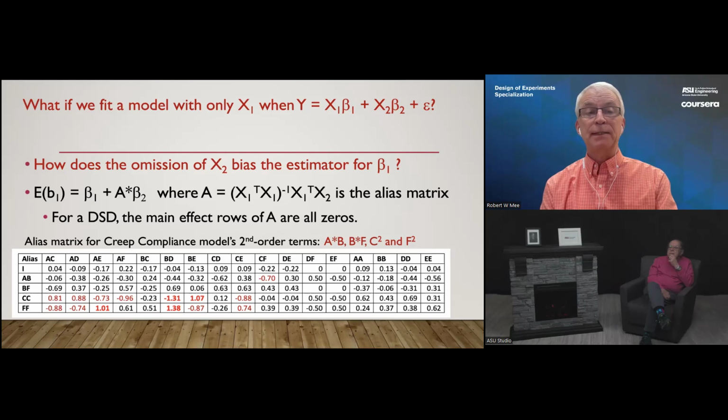Oh, and BD and BE, even more severe bias, meaning that if those interactions are present, we are not seeing a valid estimator for C squared. The same is true for F squared. So you can see the severity of potential bias when we estimate a pure quadratic term.